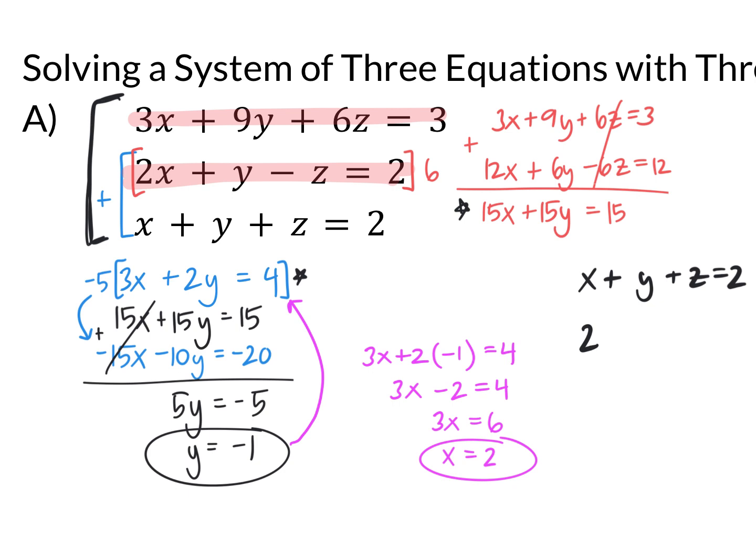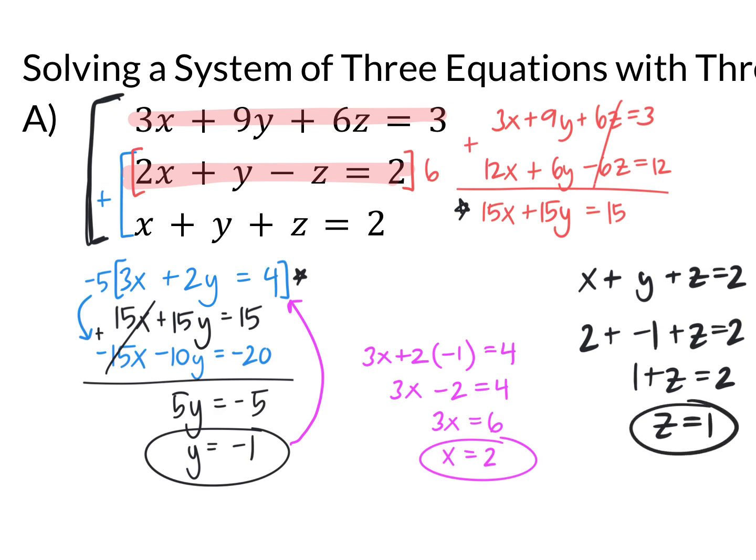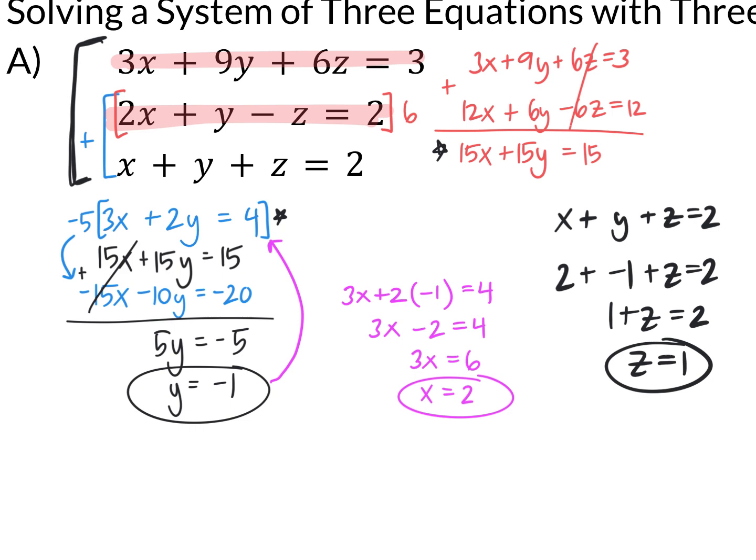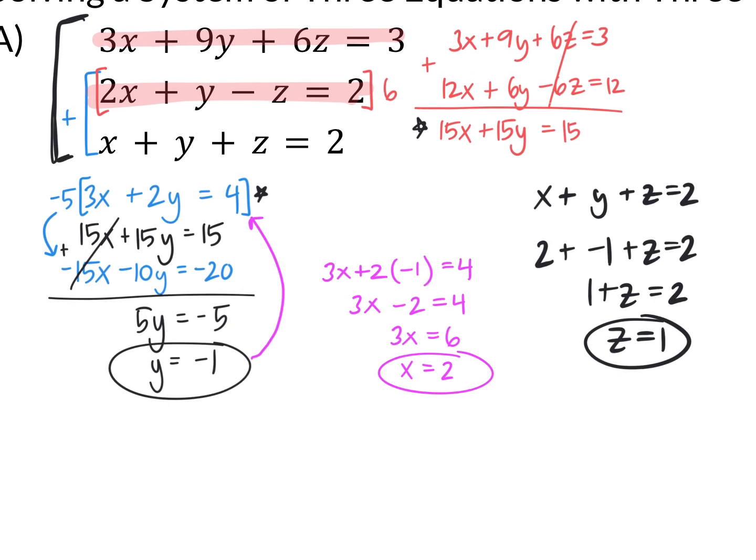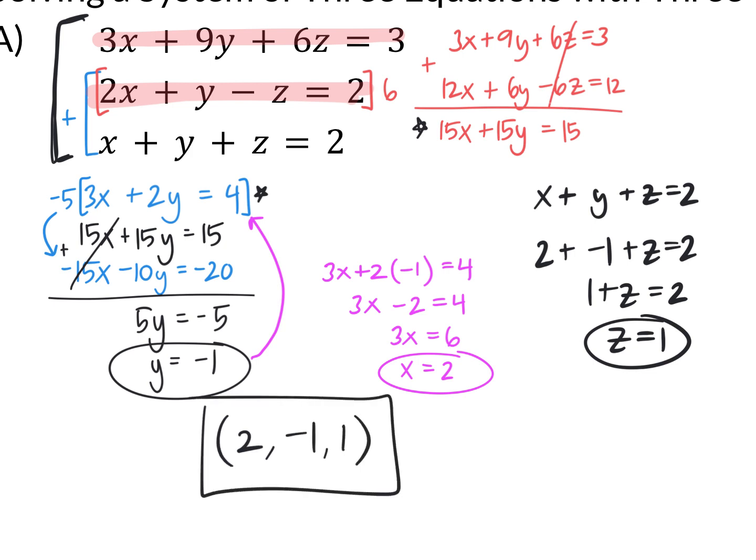So I've got 2 plus a negative 1 plus z equals 2, which means z equals 1. So our solution as a coordinate is (2, negative 1, 1).